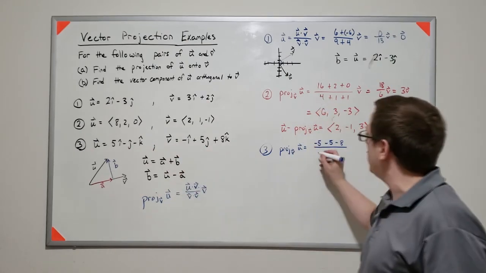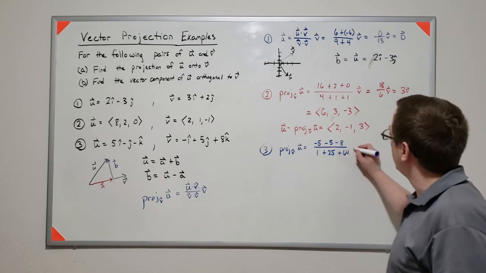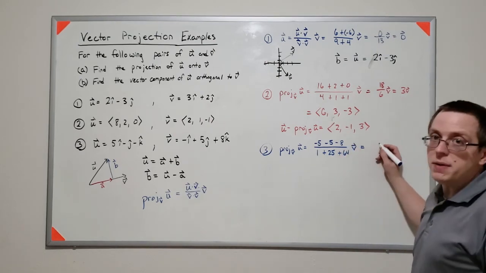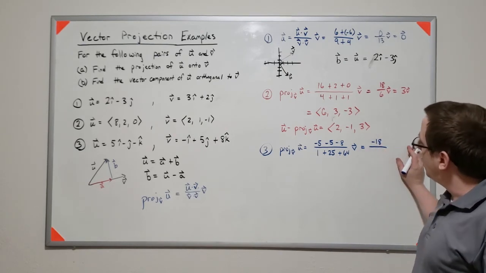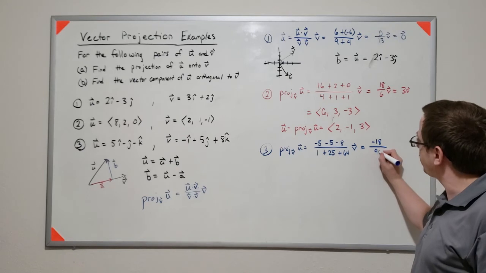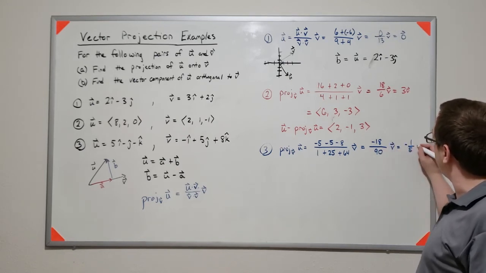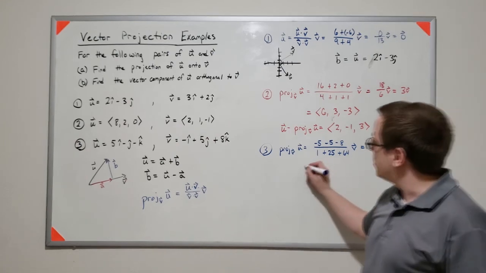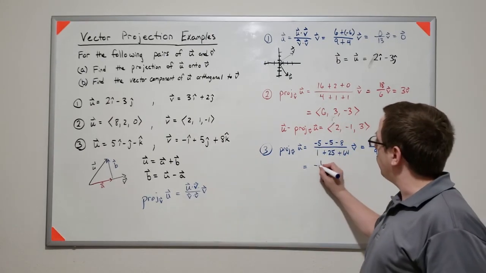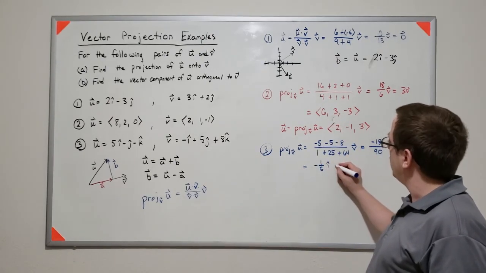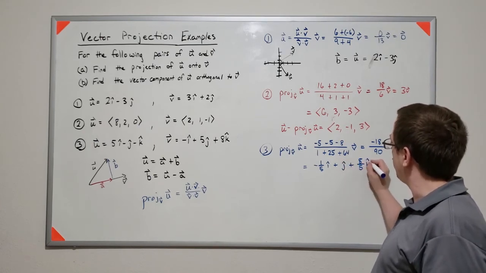Now let's divide it by v dot v, which is 1 plus 25 plus 64, all multiplied by v. That gets us negative 18 over, what is that, 90? Times v, which is negative 1/5 v. So that tells me that my projection vector is negative 1/5 i plus j plus 8/5 k.